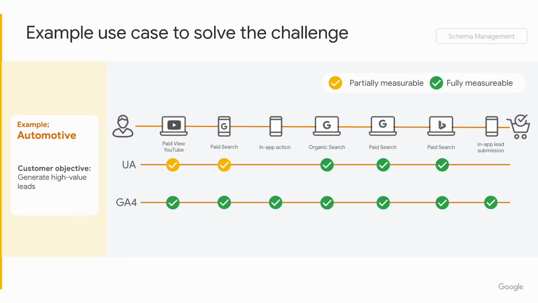It is noteworthy that this is an improvement over Universal Analytics, where paid views on YouTube, these engaged views, so to speak, weren't always fully measurable with UA, but they are with GA4 thanks to the integration we have with the YouTube product.